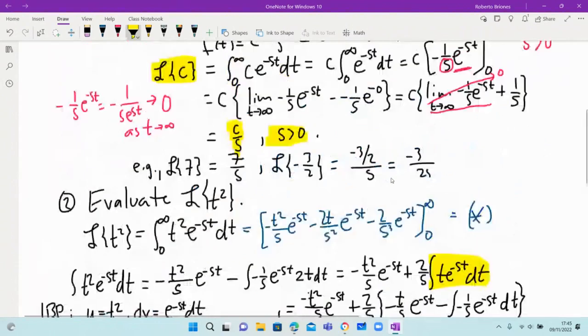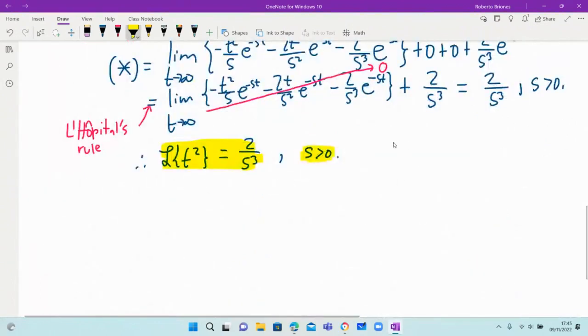And interestingly enough, this example has a generalization.